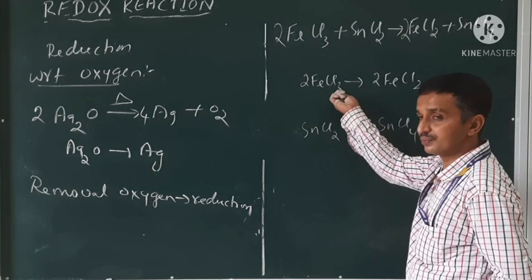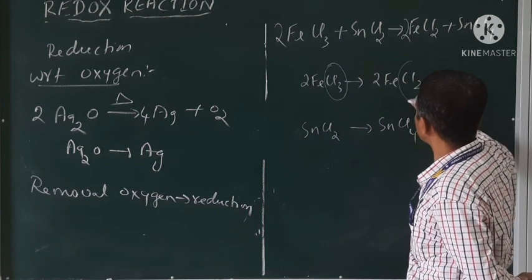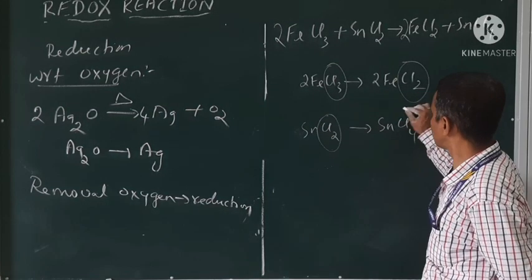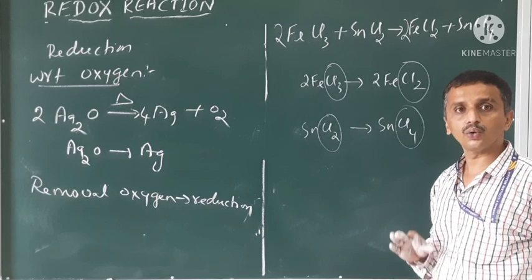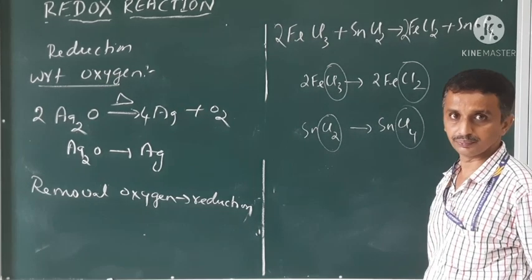So here what is that? See here, 3 chlorine is there, only 2 chlorine is there. Here 2 chlorine is there, here 4 chlorine is there. And chlorine is also an electronegative element.